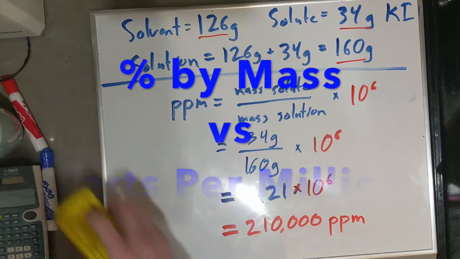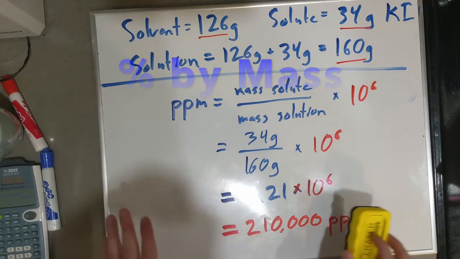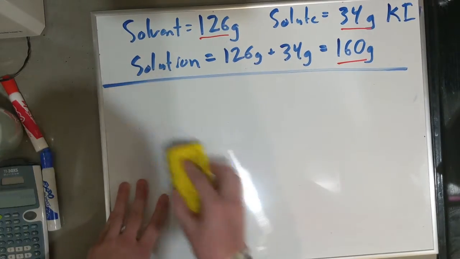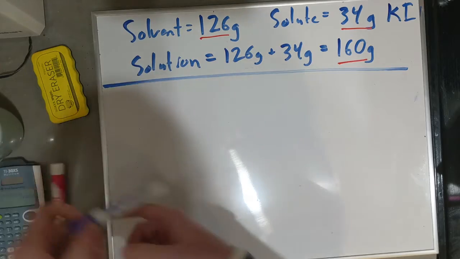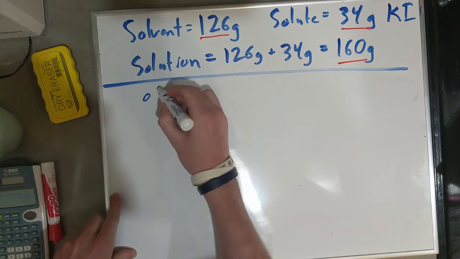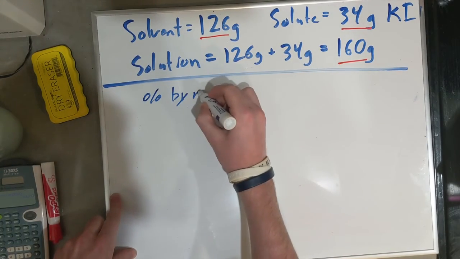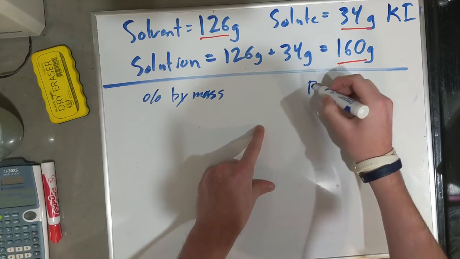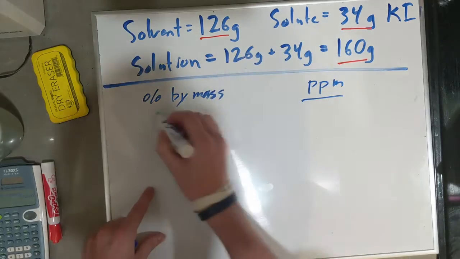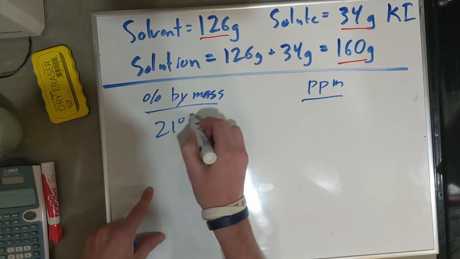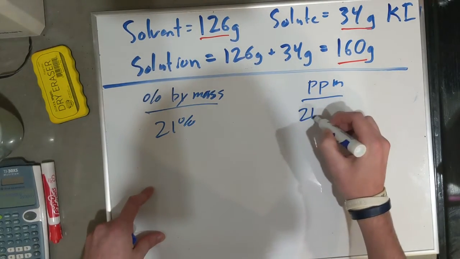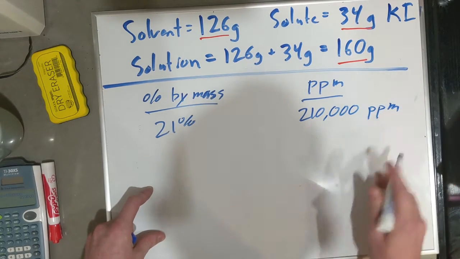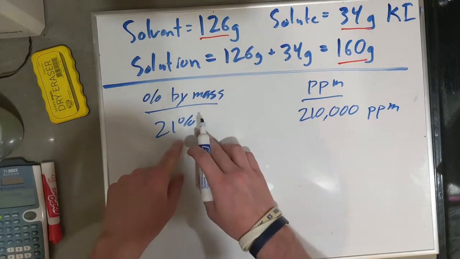I'm going to do that by talking about what parts per million and percents actually mean. Over here we had 21%, and over here we had 210,000 parts per million.